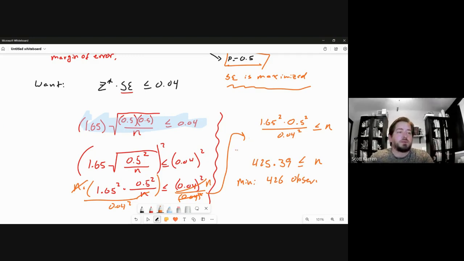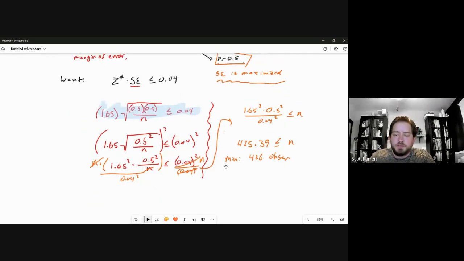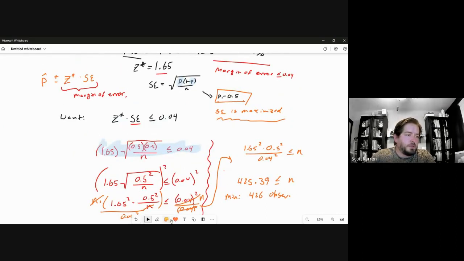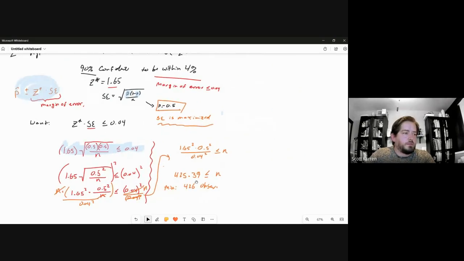Now, the question is, how do we do this in T-World land when we're doing a t-test? And this formula that we have here, right, in T-World, looks like this. If I can get my pen to work. I can't move.